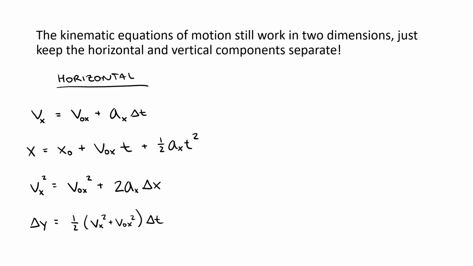All of these terms have a relation to how the thing moves horizontally. So this is the horizontal final velocity. This is the initial horizontal velocity, the horizontal acceleration, and time doesn't really care about direction, so that's why there's no labeling on the time.